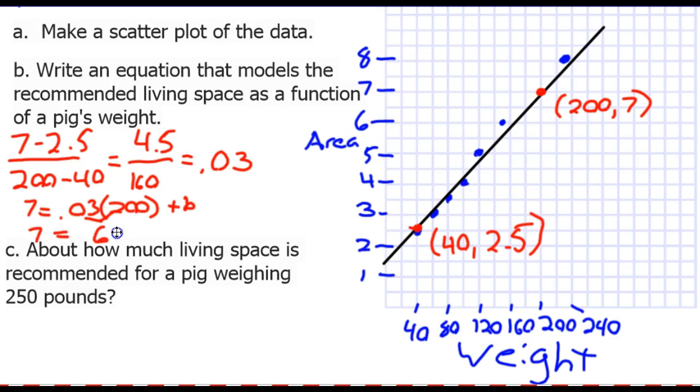So 7 equals 6 plus b. We would have to subtract the 6 to get the b by itself. What we get is 7 minus 6 is 1 equals b. So our equation then would be y equals 0.03x plus 1.